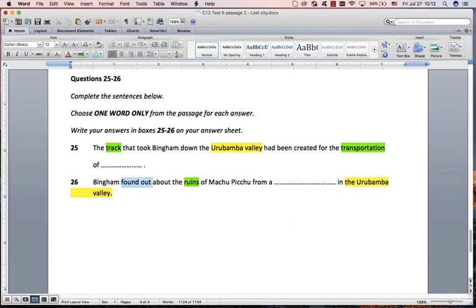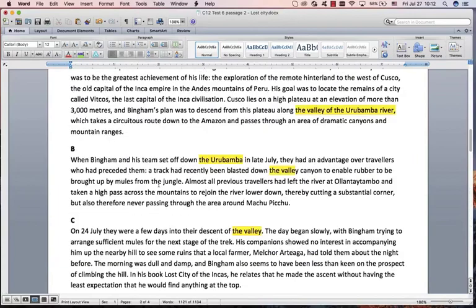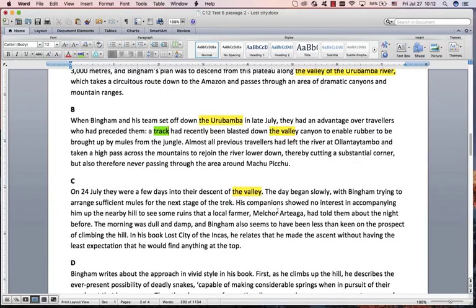He found out. Right, let's find these, and we know where track is. We did it in matching headings. We saw that it was a very important part of the paragraph. Transportation, I don't see. Found out and ruins. Ruins is there. Okay, so I have a pretty good idea of where my two sentences are.